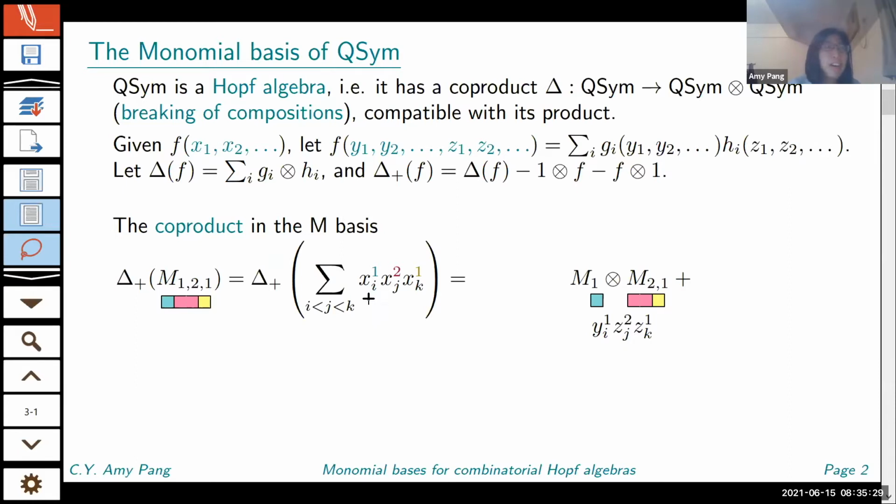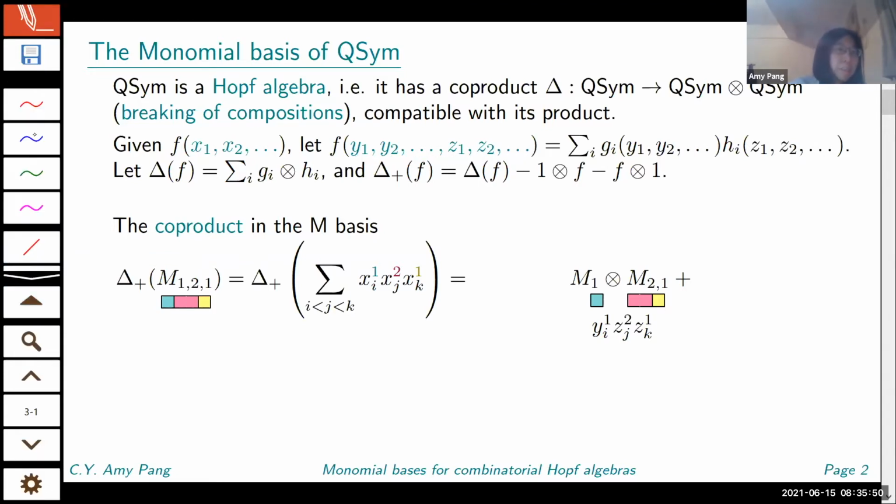I'm going through how to do it, but somehow that's less important. So you have your power series, which is in the x variables. Now substitute into it the y variables followed by the z variables.